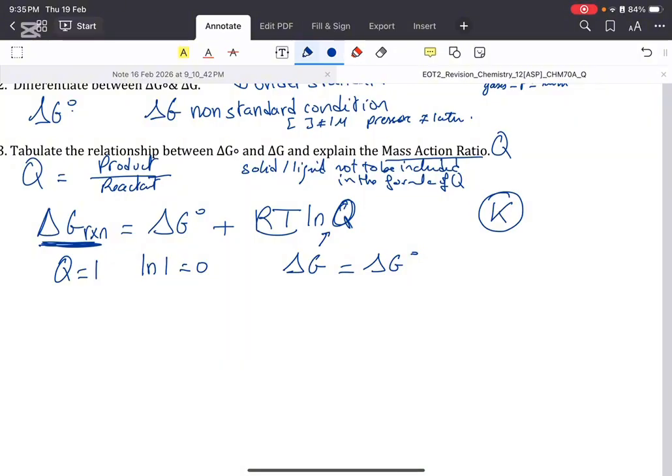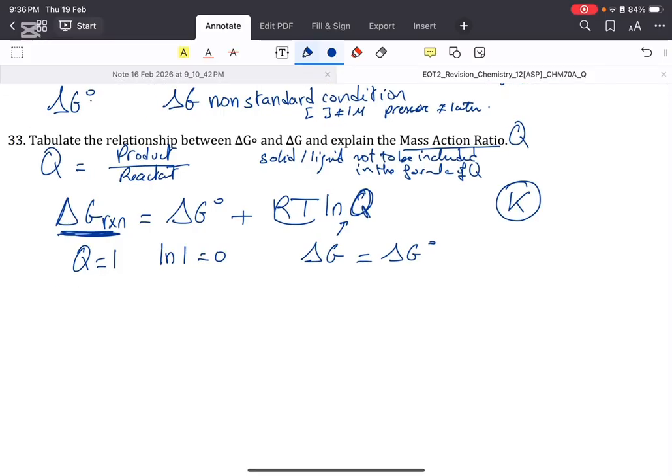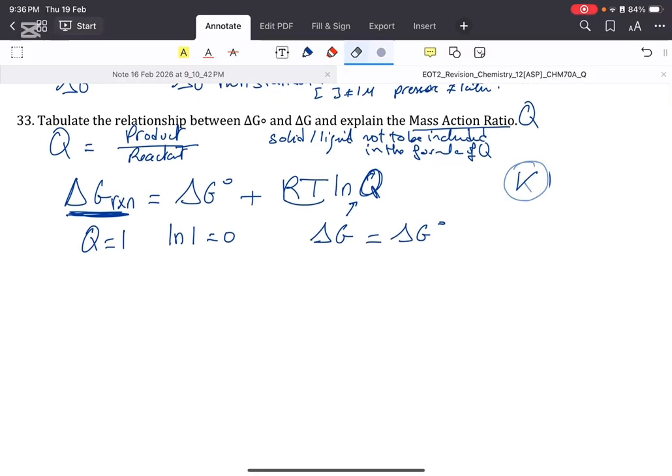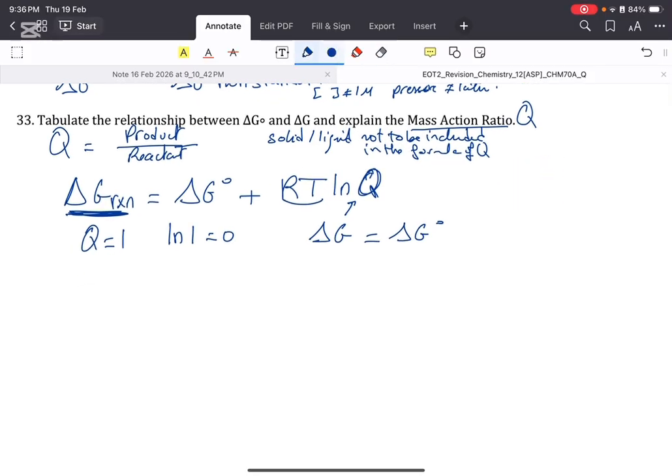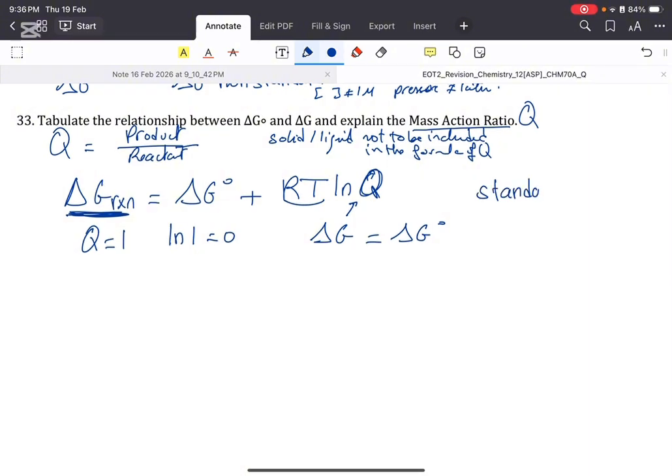Now, let's continue. Here I'm just gonna write it: at standard conditions, when Q is equal to 1.